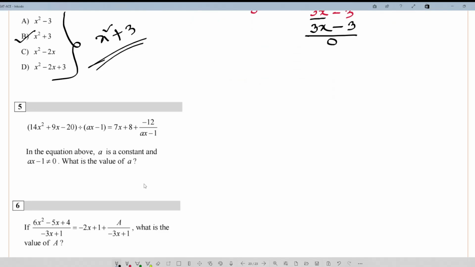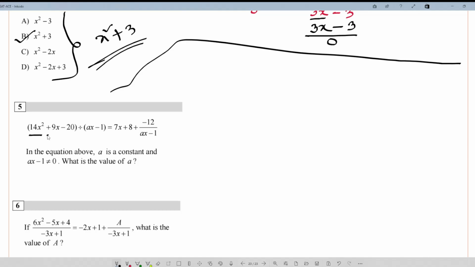Here is some important thing we have to understand. Look, here is 14x square plus 9x minus 20 divided by ax minus 1 equals 7x plus 8 plus minus 12 divided by ax minus 1.